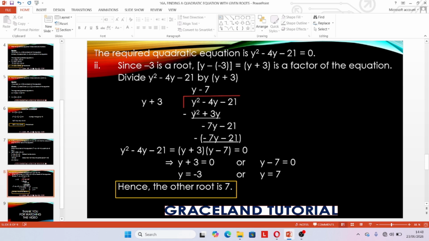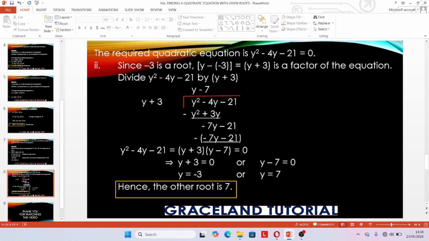To get y squared, that means the answer will be y, so that when we multiply y by y, it will give us this y squared. So y times y is y squared, and then y times plus 3 is plus 3y. So the next thing we'll do, we minus. So y squared minus y squared will give us 0.